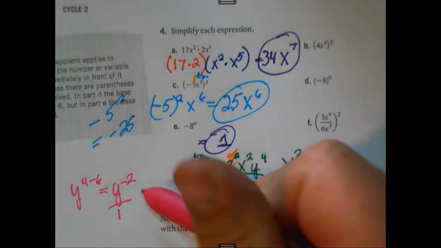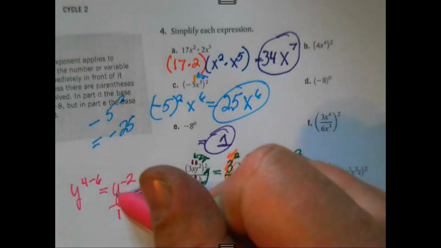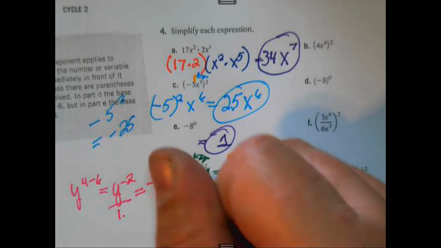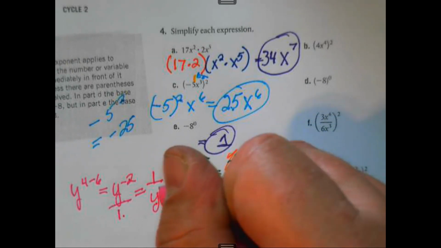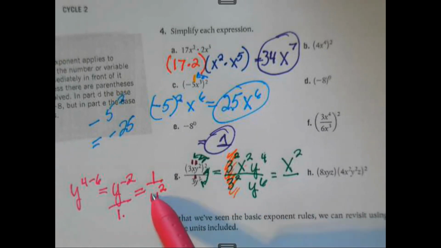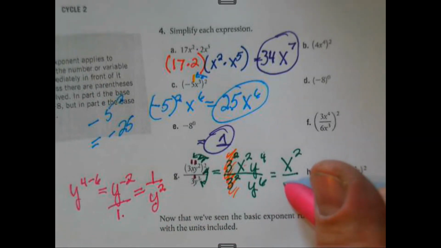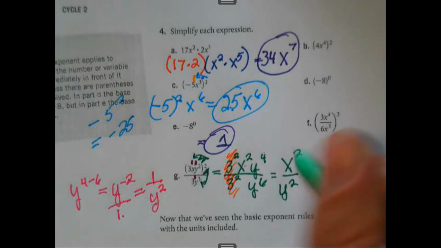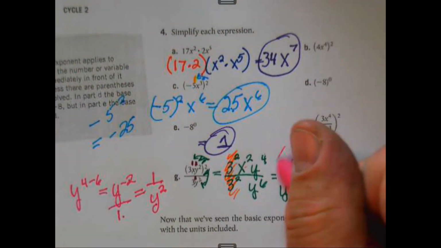To get rid of negative exponents, you flip it. So y to the negative 2 is over 1. You flip it and make that exponent positive. So that y to the 2 goes in the bottom of our fraction. And there's my answer.